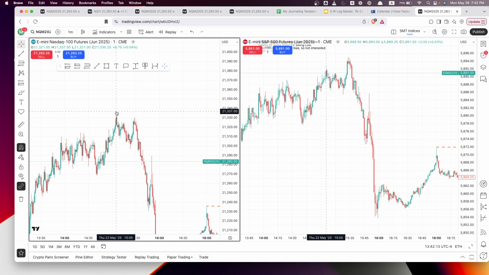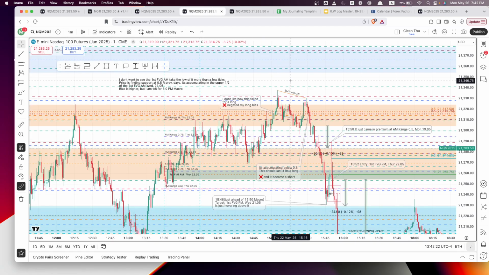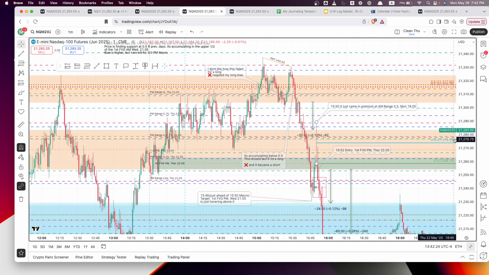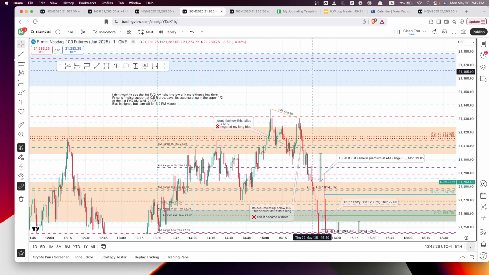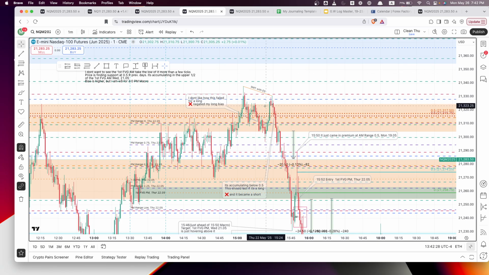Notice it's divergent. So NQ is weaker. Could that make a higher high like ES? So that was the first sign, and it was not enough for us to see a long. It's also the time when we anticipate a reversal.